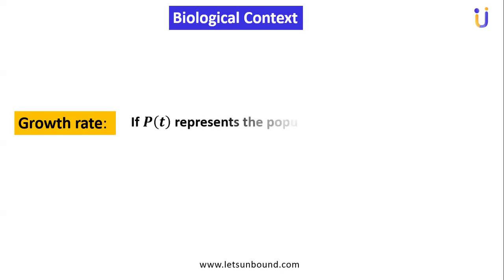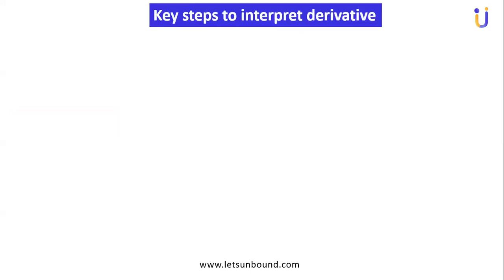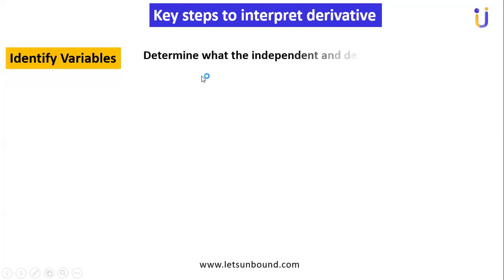And biological context: population growth rate. If P of t represents population at time t, P dash of t represents the growth rate. While you're interpreting the derivative, take care to identify the variables, determine which is the dependent and independent variable and what they represent.